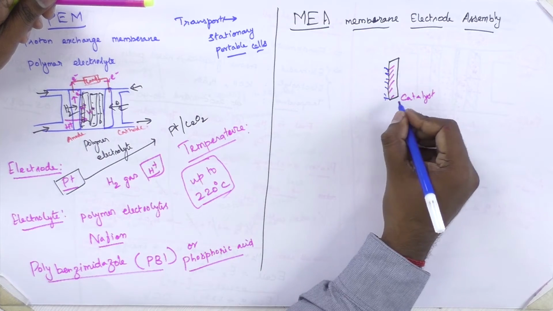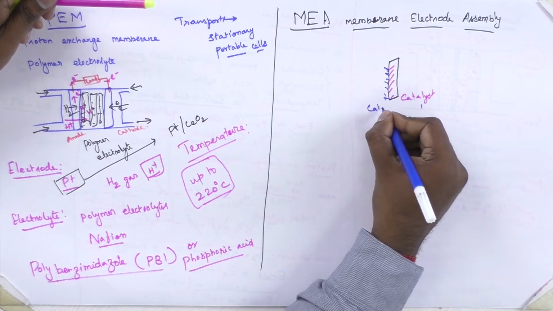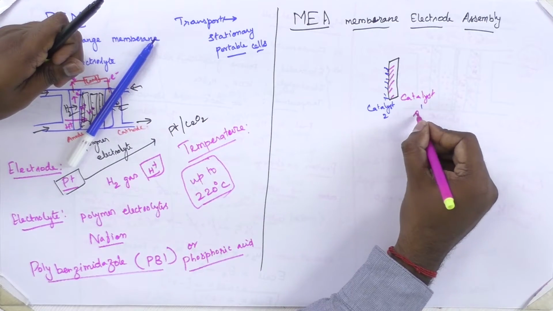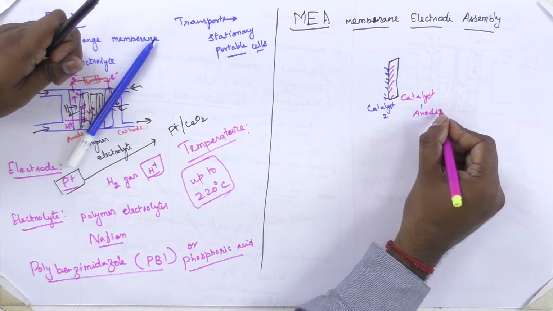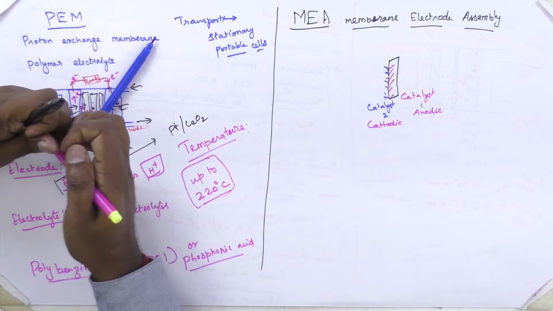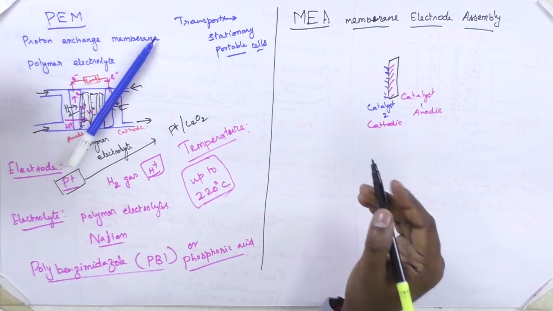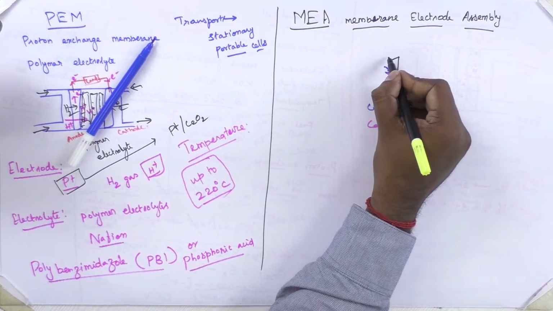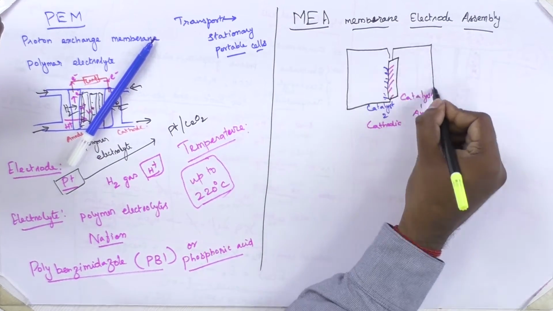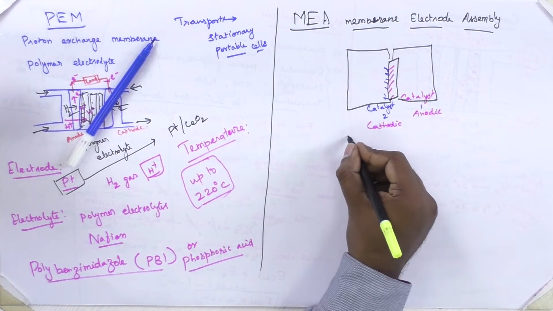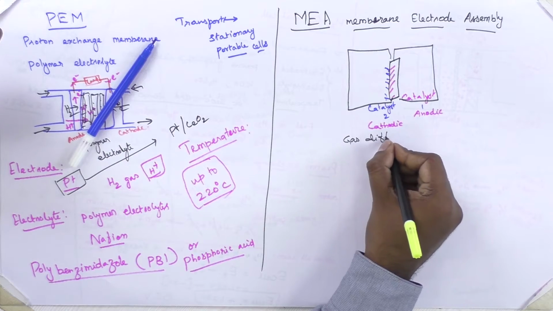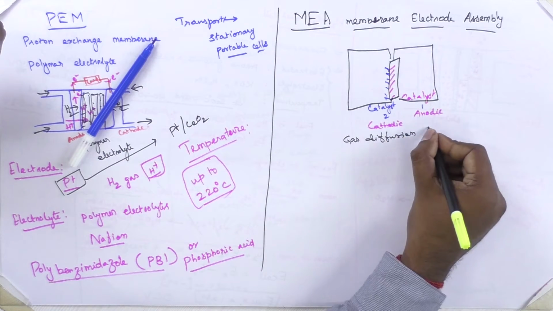That means catalyst 1 and catalyst 2, either anodic or cathodic. Then one more layer, a gas diffusion layer, is connected to this, on both sides.